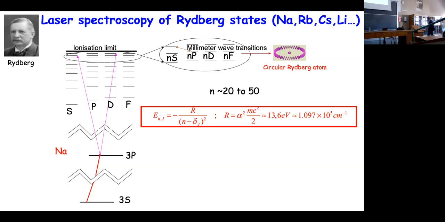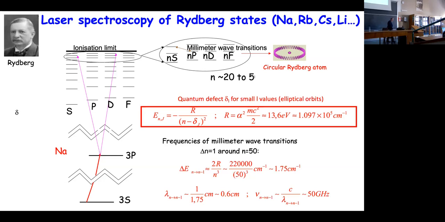And I will just give you a simple idea of the reason for this quantum defect. This quantum defect takes into account the fact that we are not exactly in hydrogen. When the electron is going around, especially if it is on an elliptical orbit, elliptical orbit means that when the electron gets close to the nucleus, it is at a distance much smaller than when it is at the largest distance.